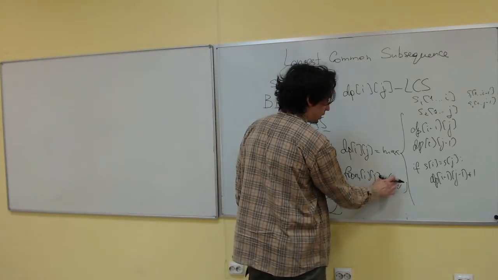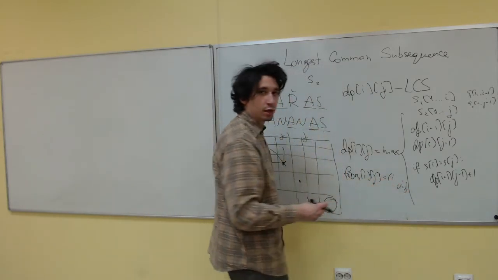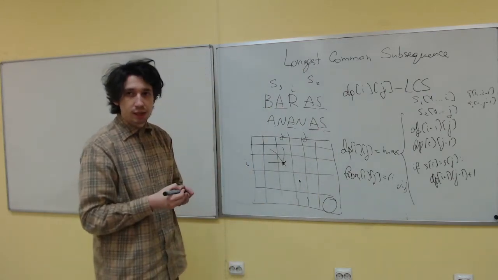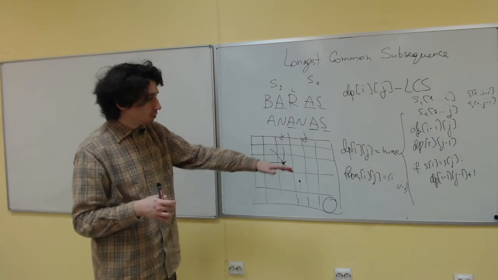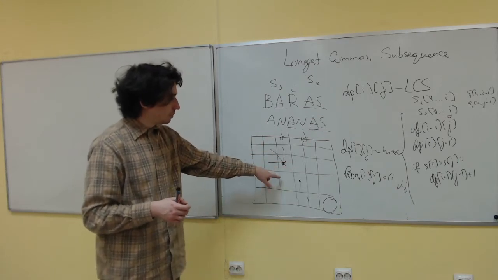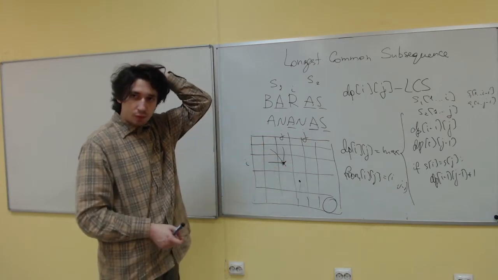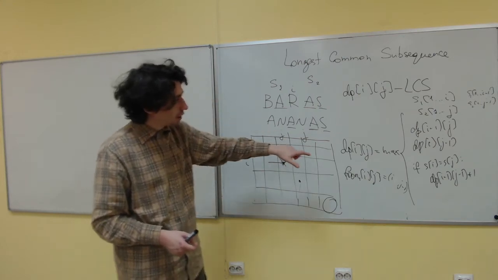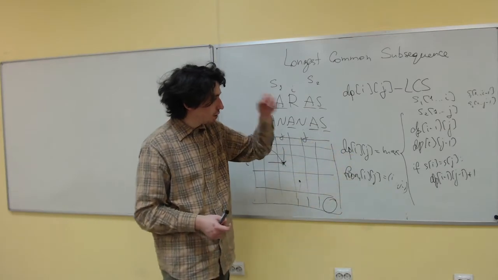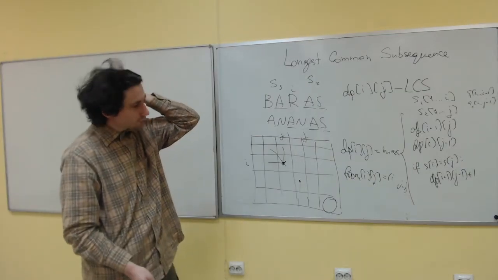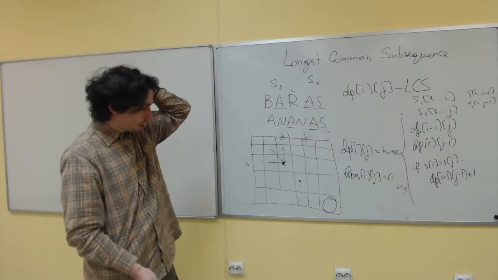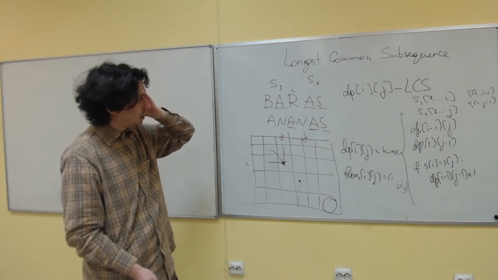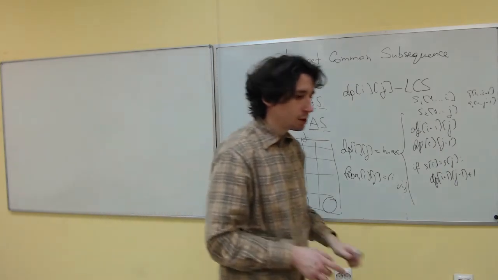And vice versa, if we got from this guy, then nothing is added, but we moved one symbol back by the dynamic program. And that is how you restore it. The answer for this string will be what you need. Okay, I think this is it with longest common subsequence.